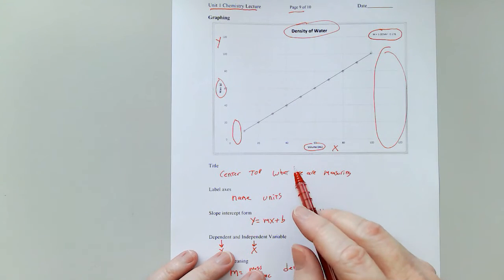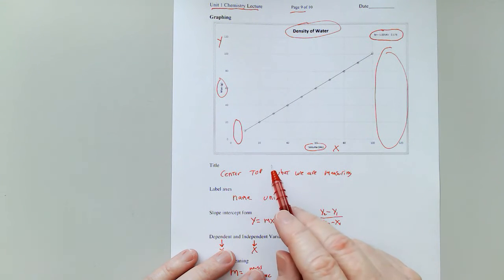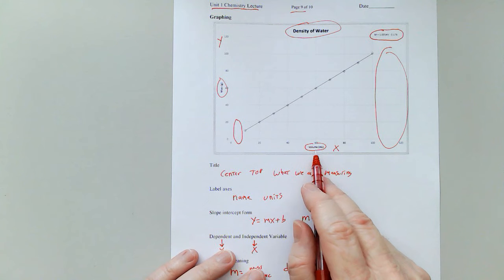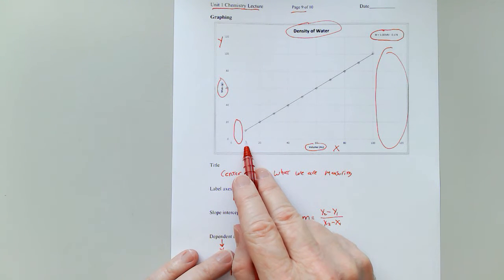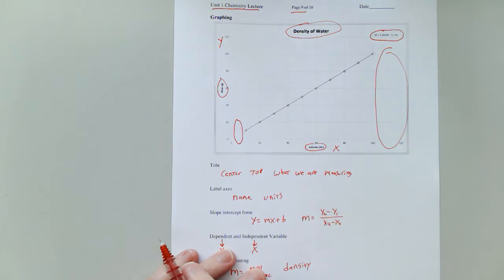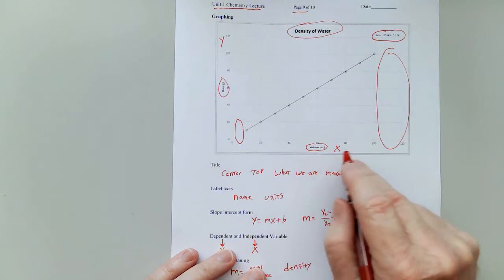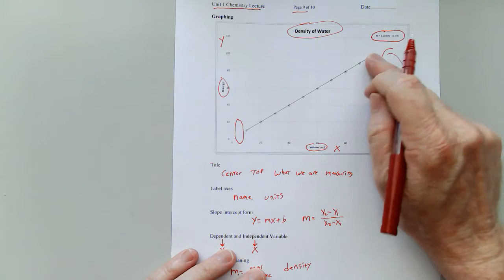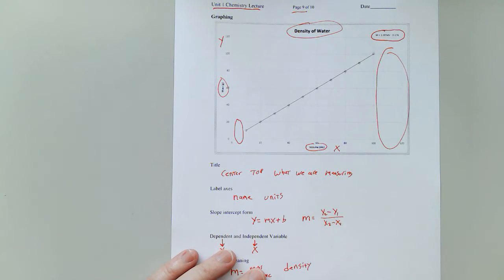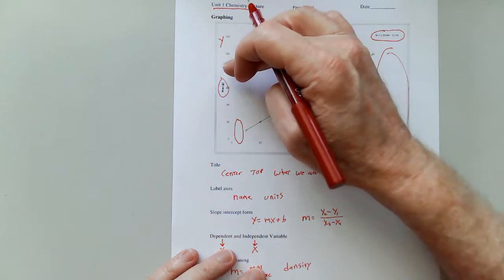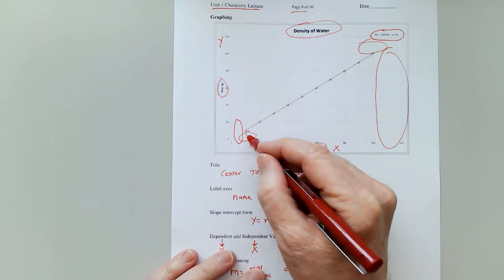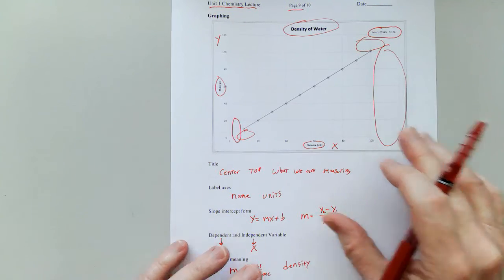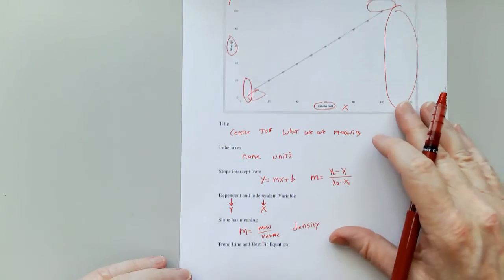I should have probably adjusted these axes so that my minimum volume was 10 milliliters and not have this wasted blank space, and my maximum volume would be 100 based upon this scale. I'd also do the same thing up here to get rid of that empty space. I want this line to be as big as I possibly can.